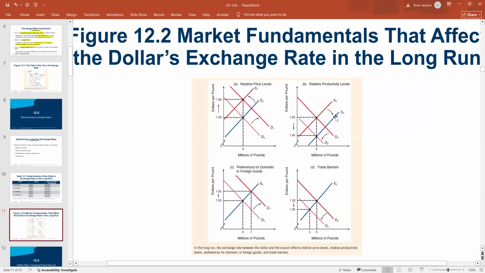They're supplying pounds to get dollars because ultimately, if you're going to buy American goods, you got to pay for those goods in dollars. So they're supplying pounds, trading those in for dollars. So there's a rightward shift in the supply of pounds. There's a leftward shift in the demand for pounds, causing then a depreciation in the pound, right? The dollar price of a pound is going down.